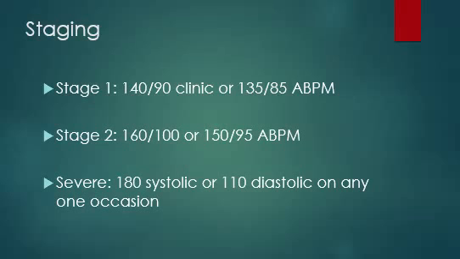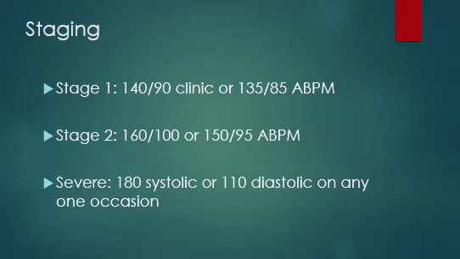So if they have a blood pressure of 135/85 or more, but less than 150/95, then you can say that person has stage 1 hypertension. And if it's 150/95 or more, then that's stage 2.